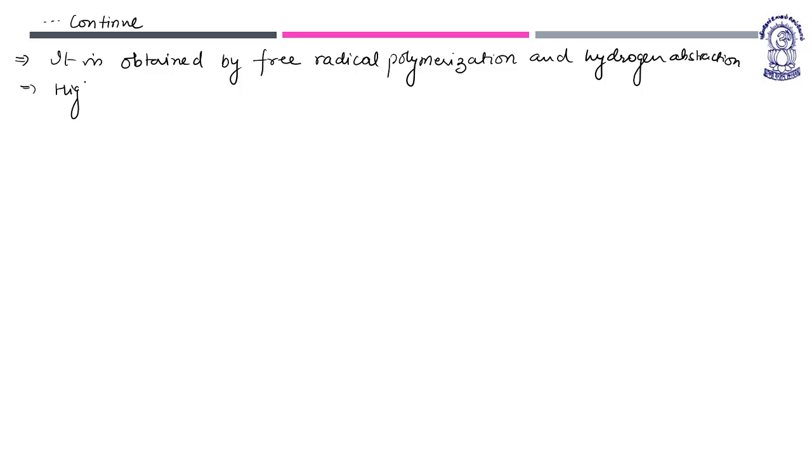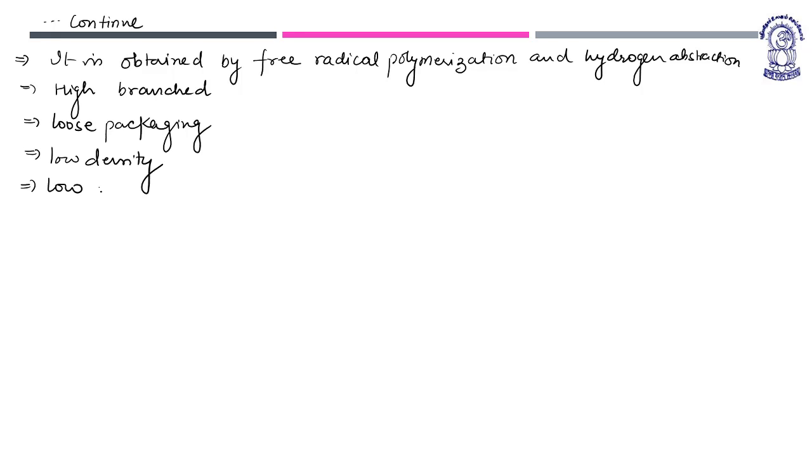It is highly branched, with loose packing, less density or low density, and a low melting point, 384 Kelvin.